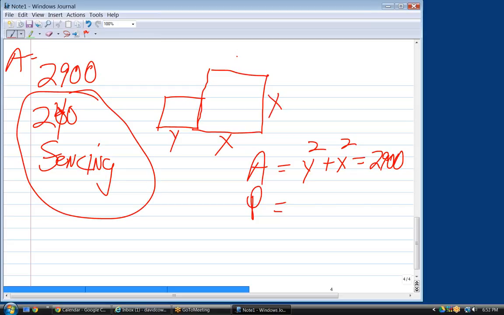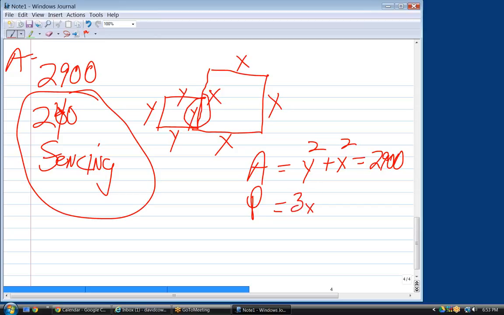This is x, that's y, that's y, that's y. And this is x. 4y plus 4x. How many y's? 4. We don't need fencing for this part here. 3y plus 4x.